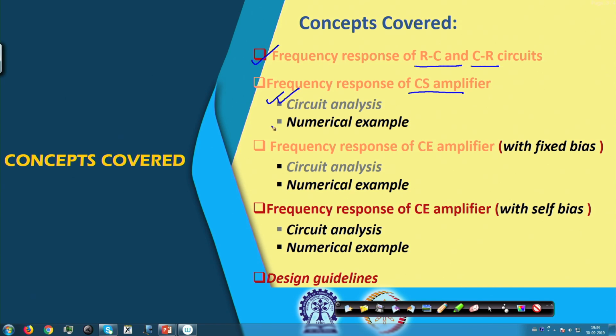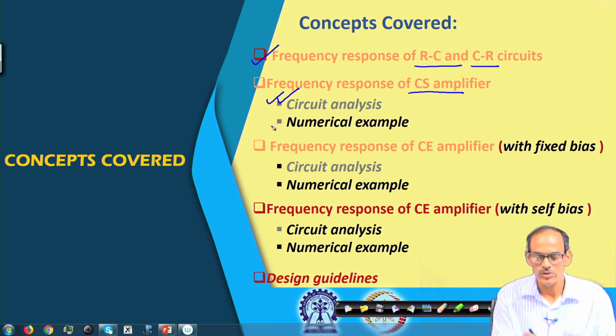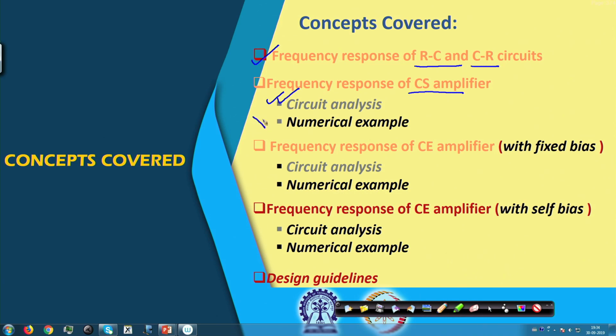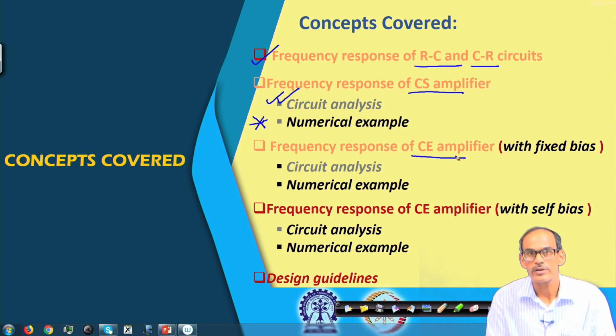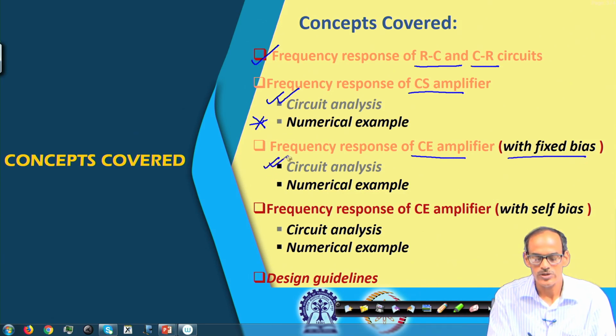Numerical portion was not covered. So, today we are going to discuss numerical examples of common source amplifier. Likewise, for common emitter amplifier, for fixed bias the circuit analysis portion was covered before, and today we will be discussing some numerical examples.